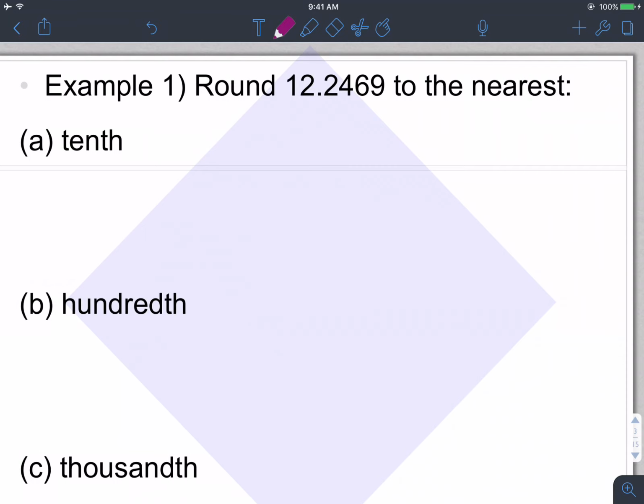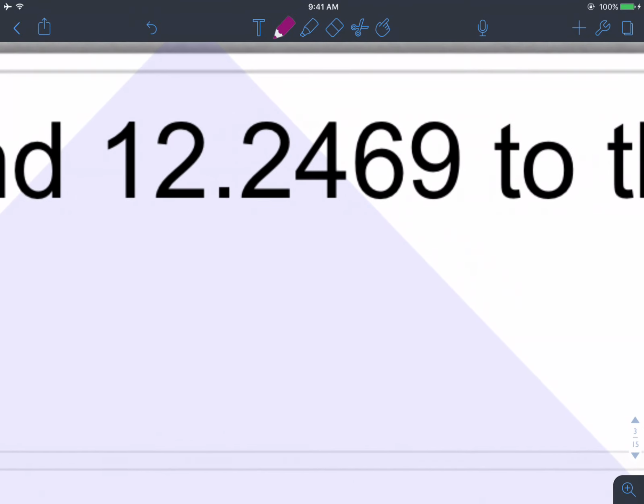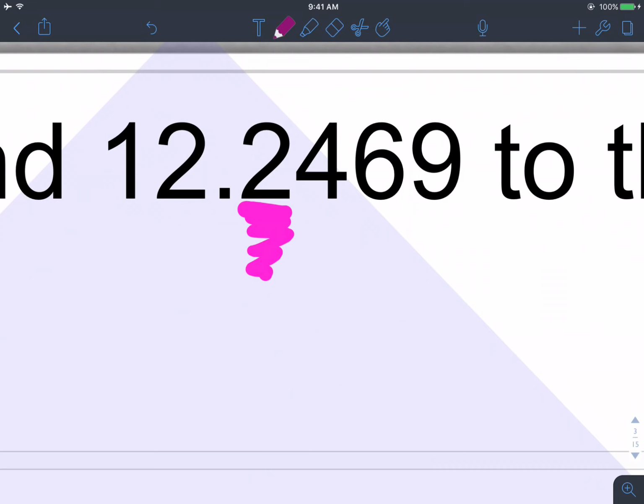Okay, the same rules apply. So if I am looking at the 10th decimal place, I have to look at the next number, which in this case would be the 4. So I look here. Higher or lower?